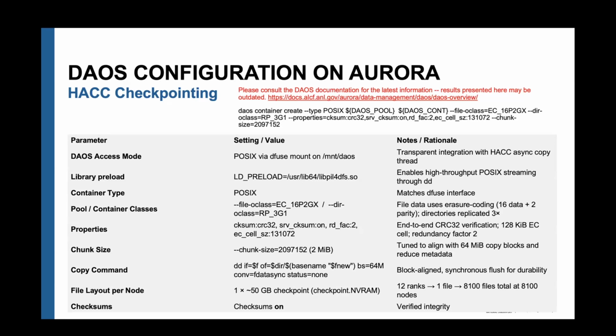Then the pool container class that we're using was EC16P2GX. Basically, this is erasure coding, 16 data plus 2 parity. We turn on CRC for verification, with a 128 kilobyte EC cell.